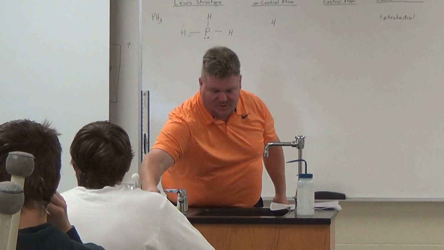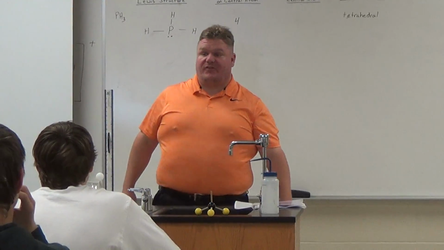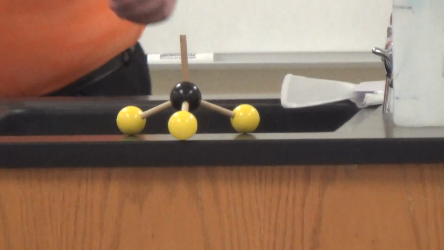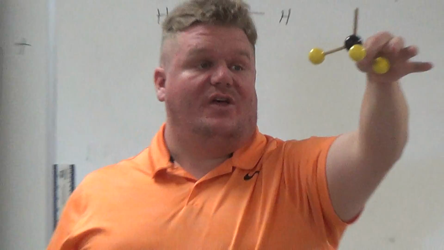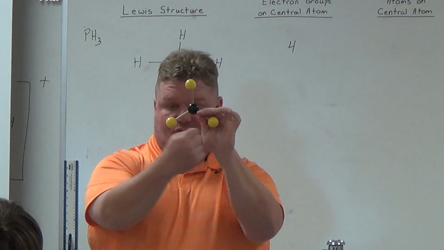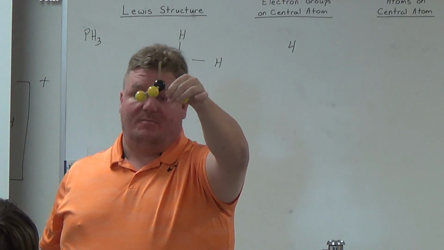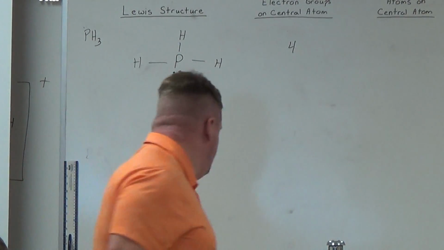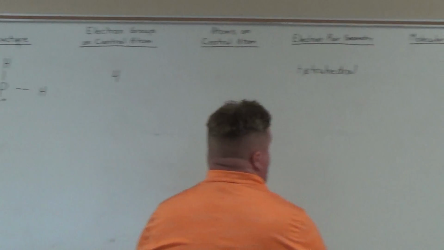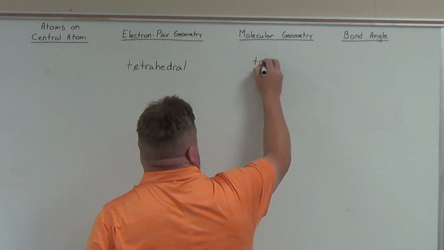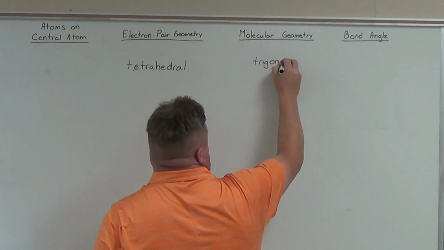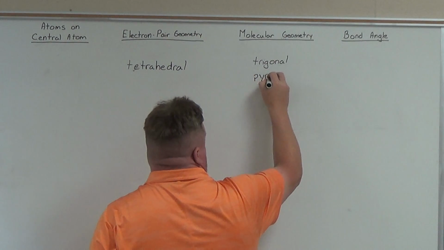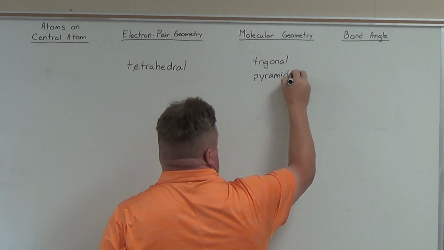I'll move it up here so the camera can see it. In fact, it kind of has a pyramid shape to it, doesn't it? So we call this trigonal pyramidal, because there's a pyramid shape to it. I know it's kind of a funny name, but that is what it's called. Trigonal pyramidal.